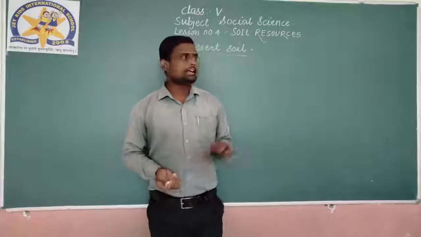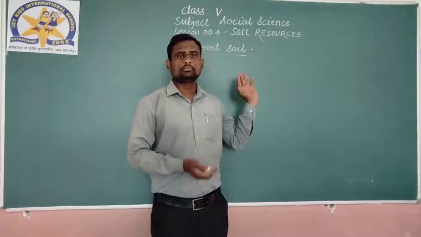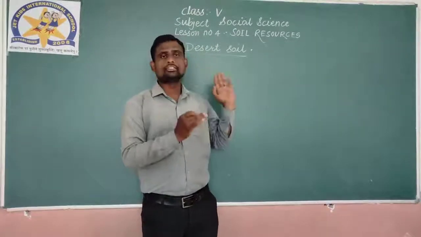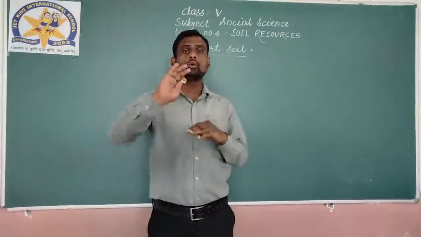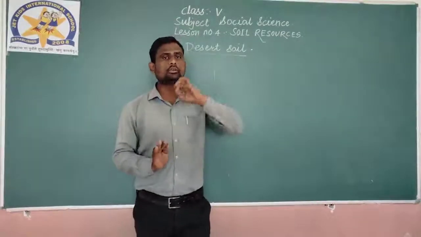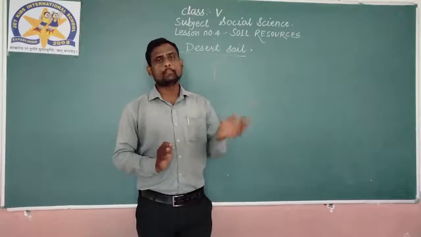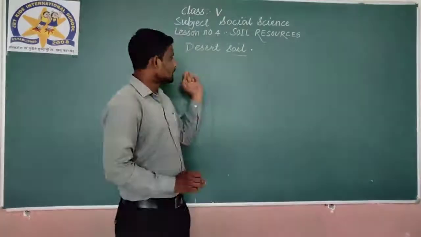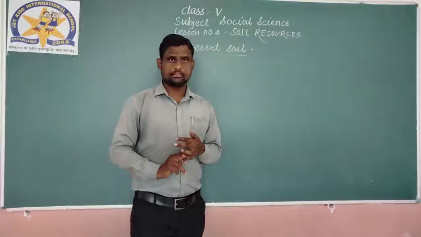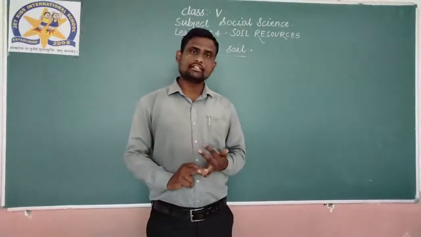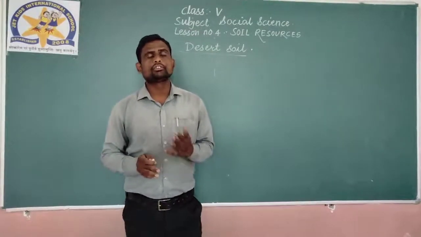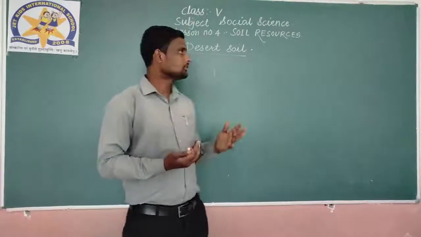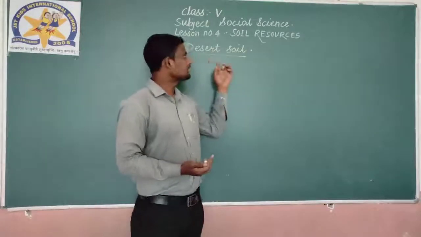Rainfall is very low in this type of area. After that, crops like wheat, pulses, barley, this kind of crops we can cultivate in this type of soil.